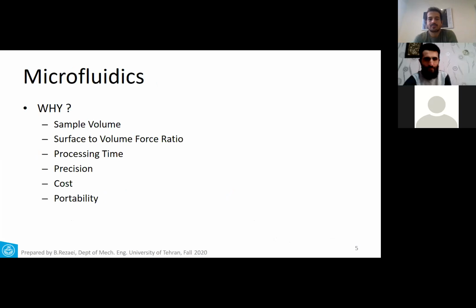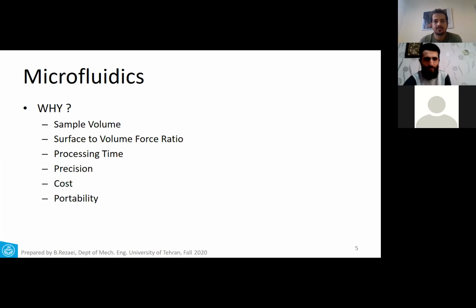Microfluidics, a new platform. It's been very popular in the past two or three decades, and many people are using it. Why is microfluidics suitable for this job? Let's talk about the reasons I've written here. Sample volume. As is clear from its name, the dimensions of microfluidic devices are in the micrometer range, so we need less sample volume, and this is very important.